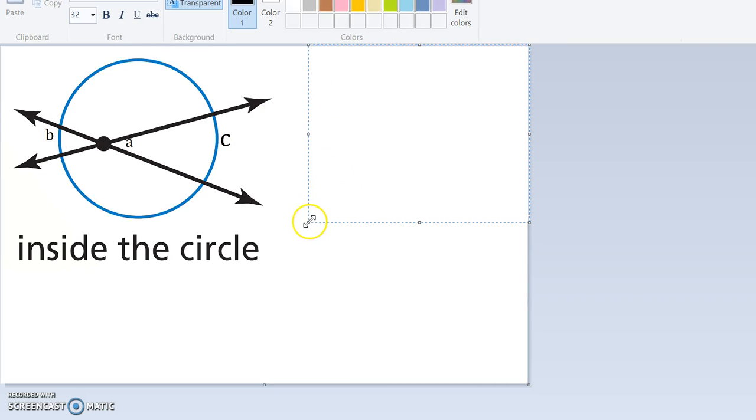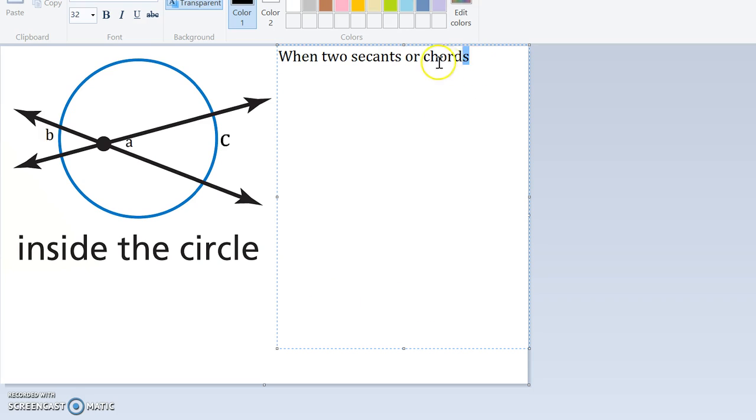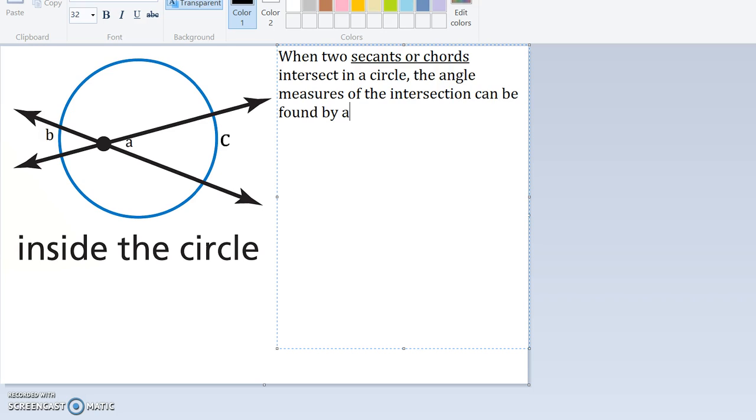We can say that when two secants or chords, go ahead and underline that last bit, when two secants or chords intersect in a circle, the angle measures of the intersection can be found by averaging the two arcs.